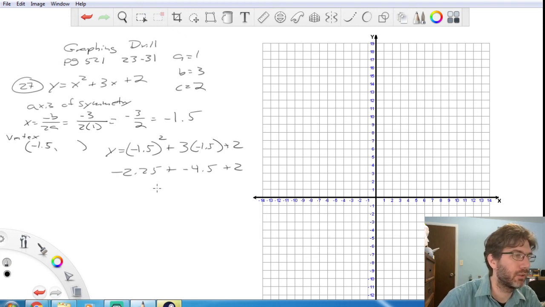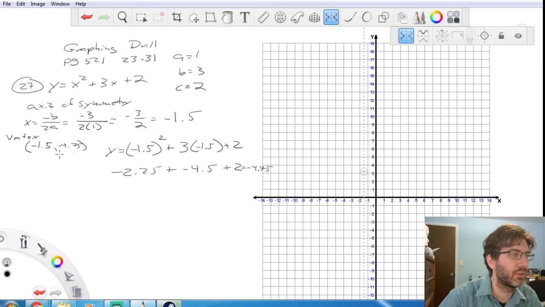We're looking at a negative 4.75. So again, line of symmetry is at negative 1.5. Your graph is going to cross that line at negative 4.75. So you're down here-ish.